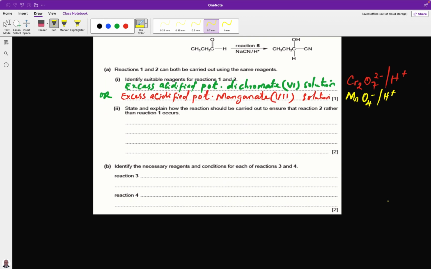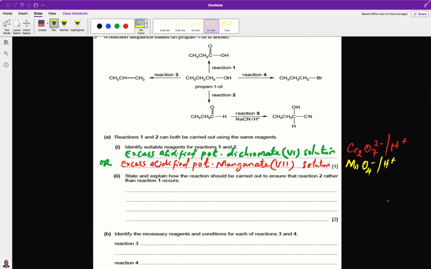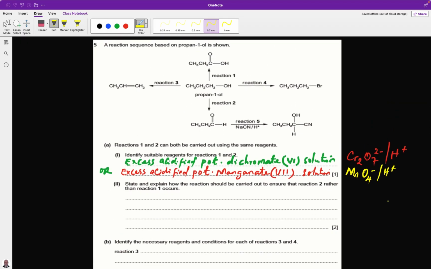Now, state and explain how the reaction should be carried out to ensure that reaction 2 occurs rather than reaction 1. Which is reaction 2? Reaction 2 is oxidation only to the aldehyde. Oxidation of propan-1-ol to what? To propanal.